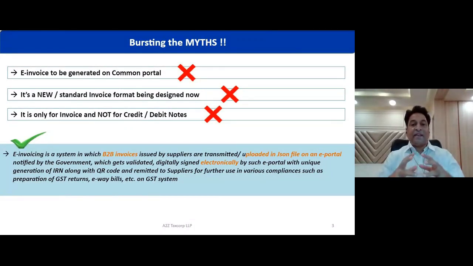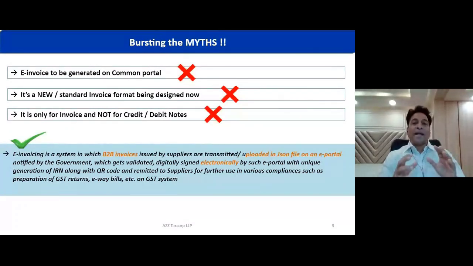This invoice is going to be generated from your own ERP, accounting and billing software. Whatever accounting and billing software or ERP you are working on, you need to generate your own invoice from your own system only. Such an invoice needs to have specified particulars as per the schema and should be converted into a JSON file.